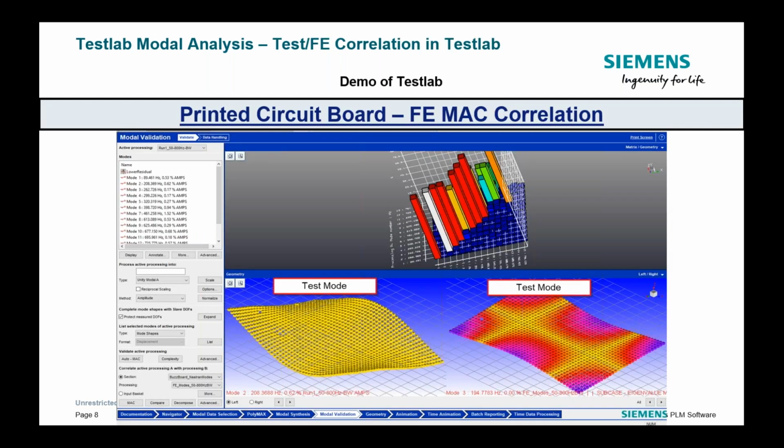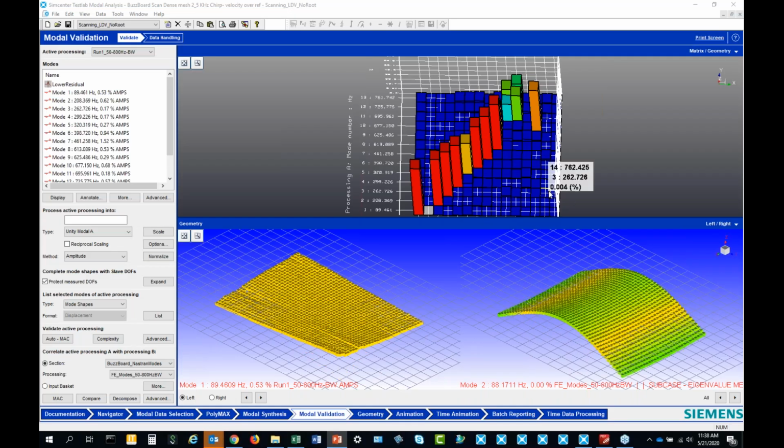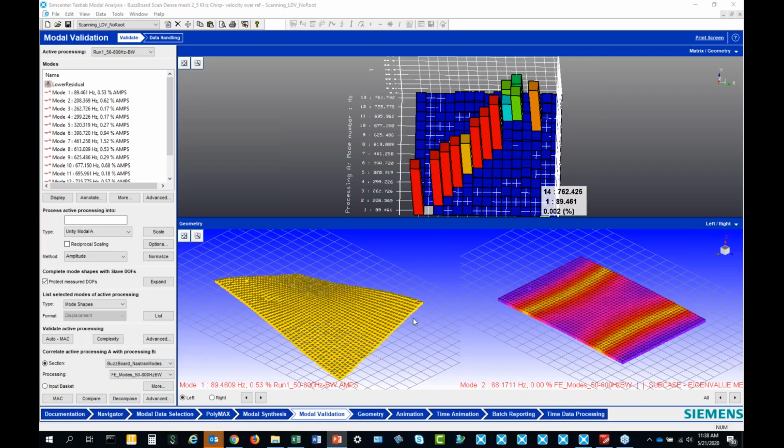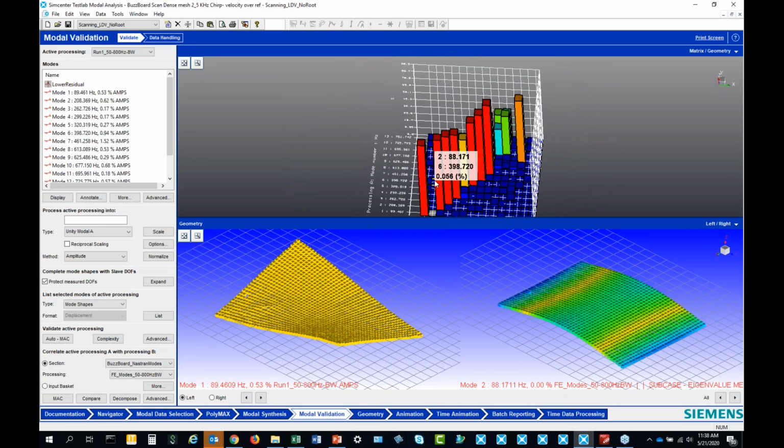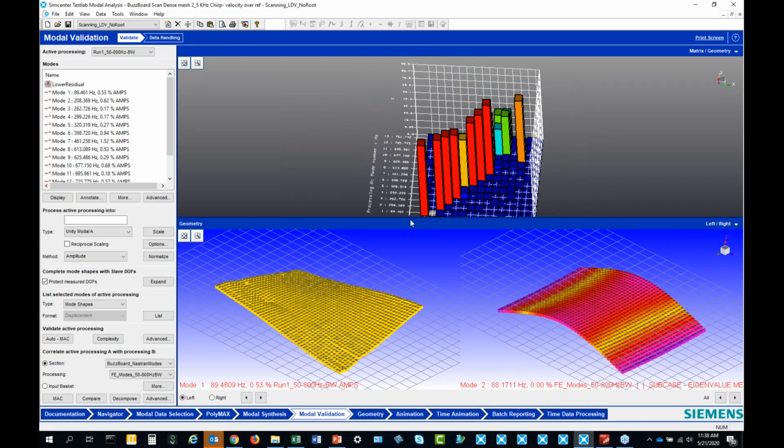So the next step is to do some correlation, and we can actually do some correlation within Testlab. This is showing some results, and I'm going to open up Testlab here. This is showing the MAC matrix. It's actually a cross MAC between the simulation and test.